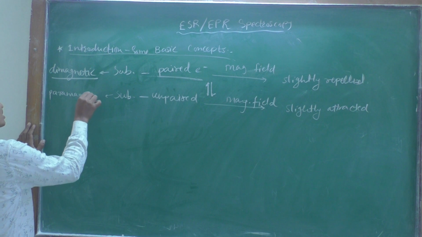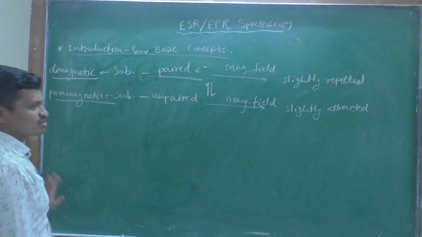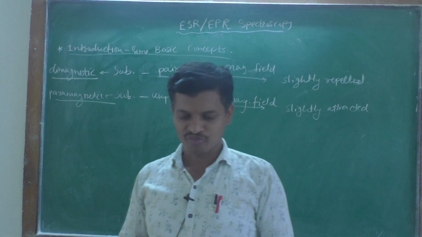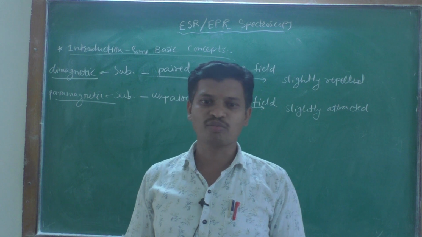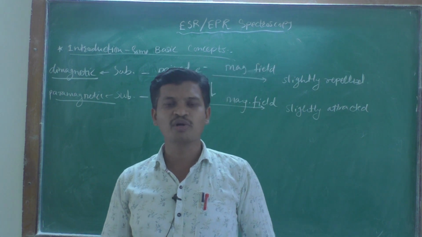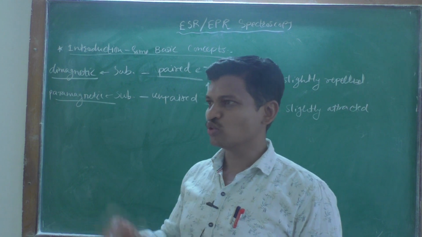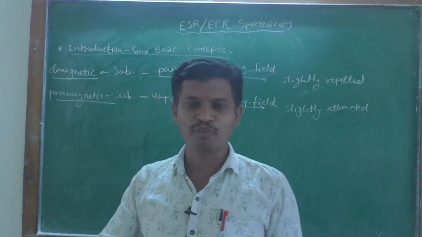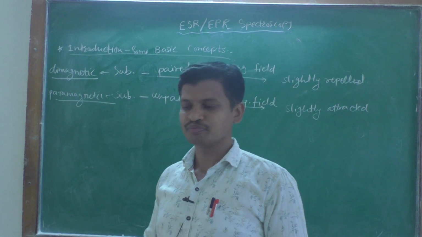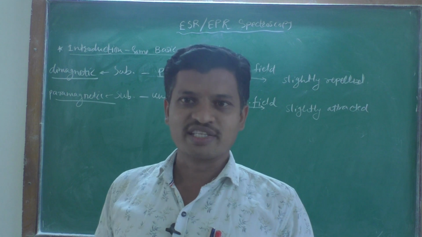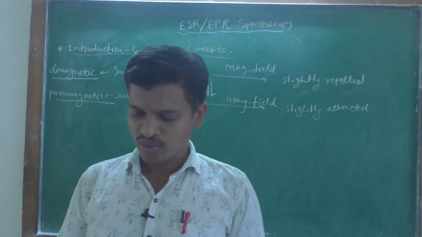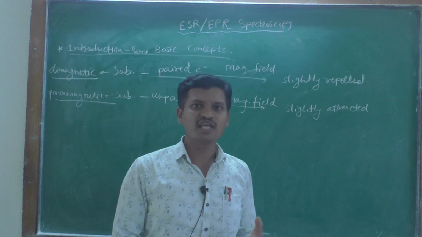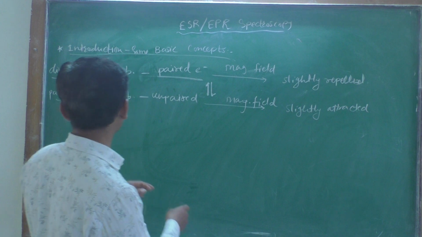So basically, there are two types of substances on the basis of their magnetic property. Those which are weakly attracted are known as paramagnetic, and those which are weakly repelled by the magnetic field are known as diamagnetic substances.